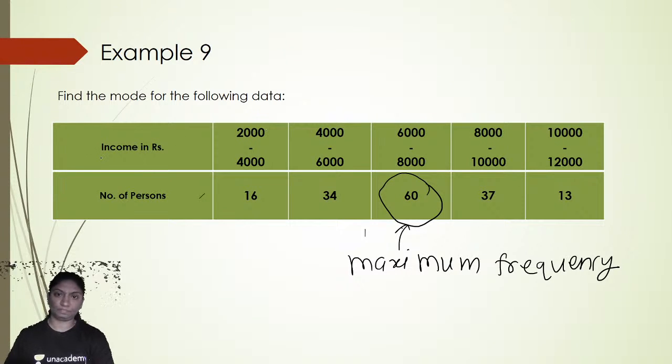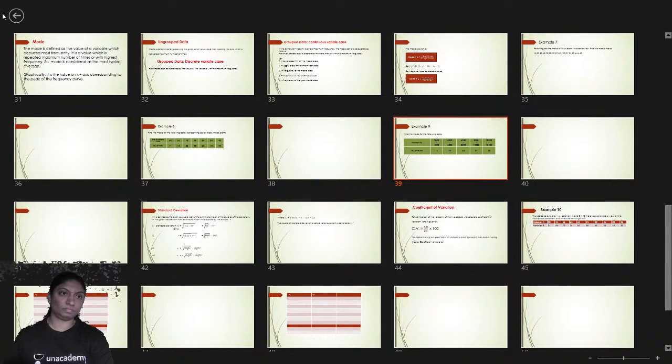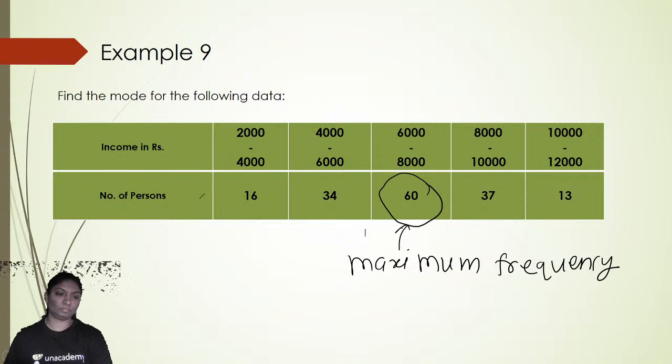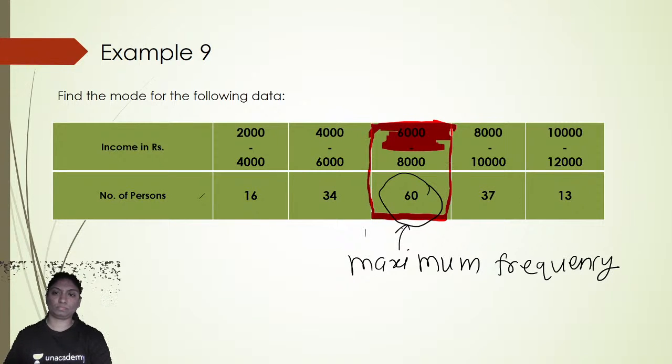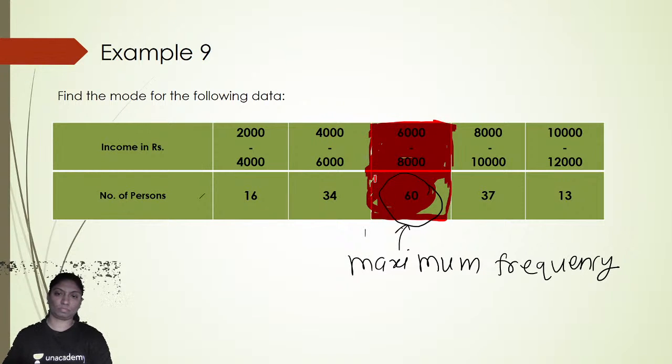So this is our modal class because of maximum frequency. तो यहाँ पे हमारा L1 क्या है? Lower class limit of the modal class is L1.